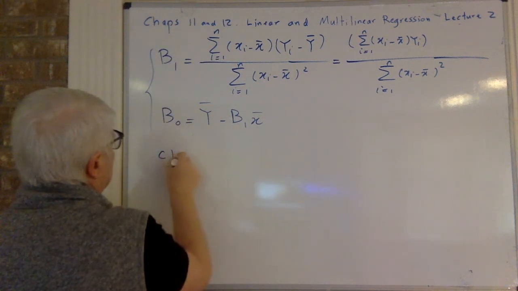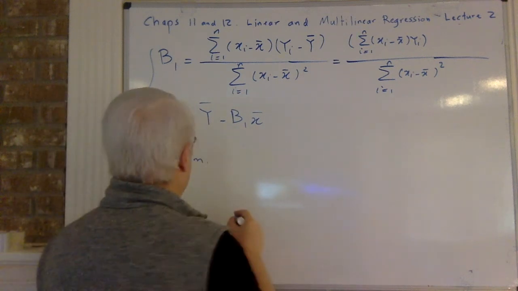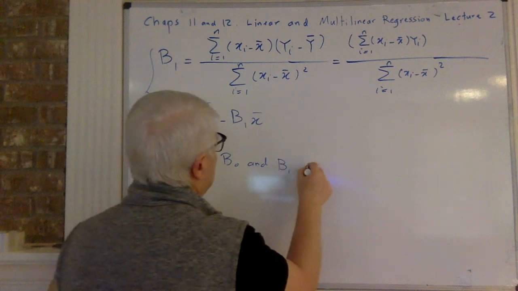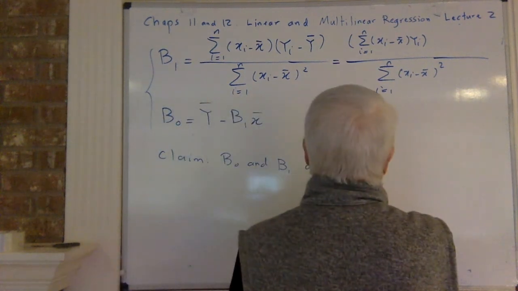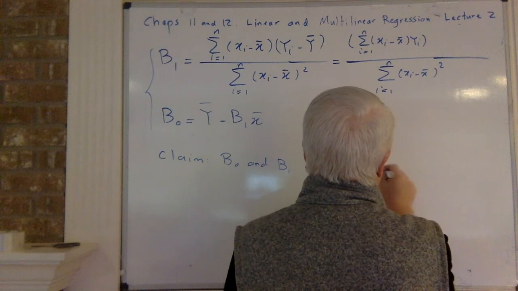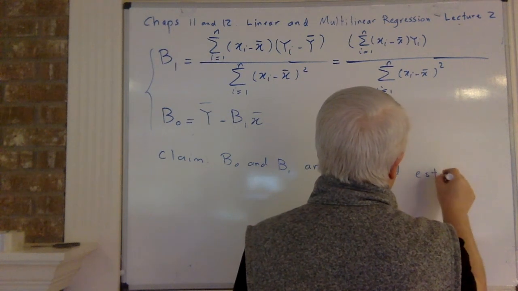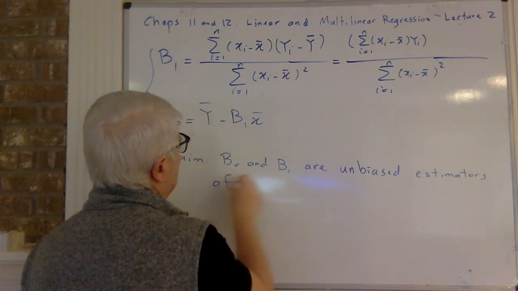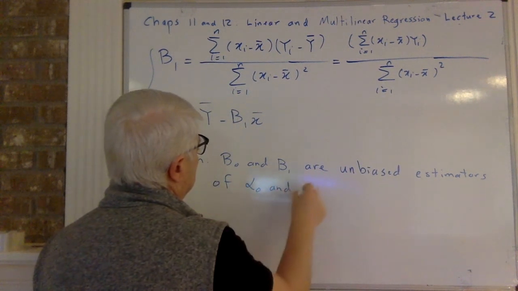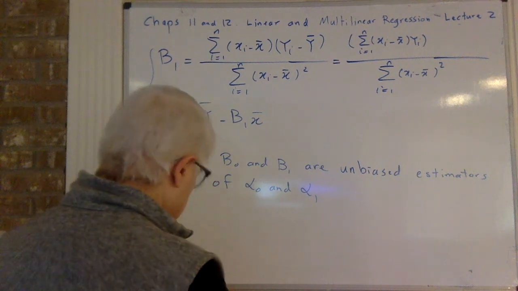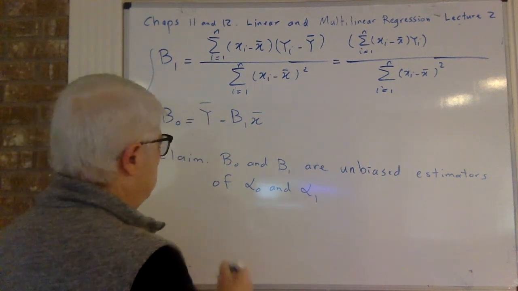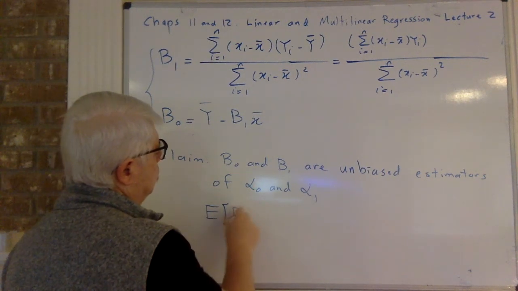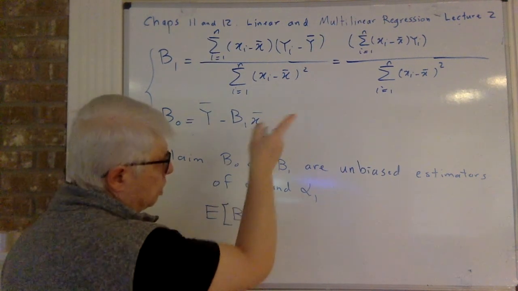So, claim: B0 and B1 are unbiased estimators, which means the expected value of B0 given the xi's.